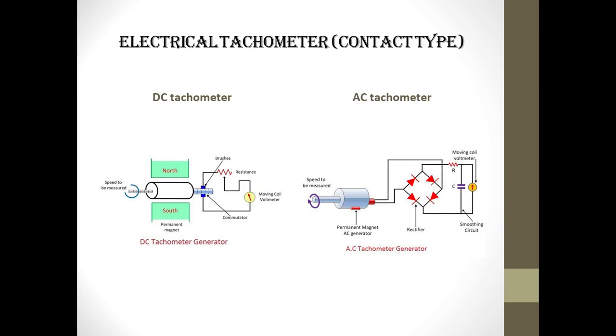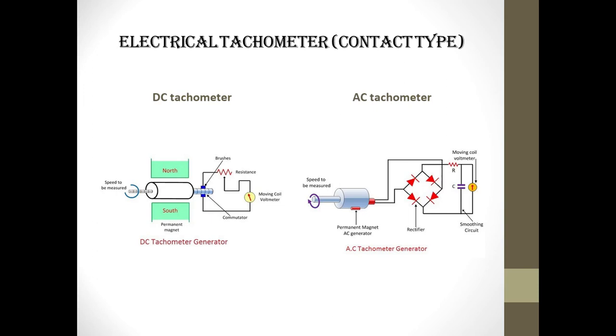The rotation of the magnet causes an EMF to be induced in the stator coil. The amplitude and frequency of this EMF are both proportional to the speed of rotation. Thus, either amplitude or frequency of induced voltage may be used as a measure of rotational speed.